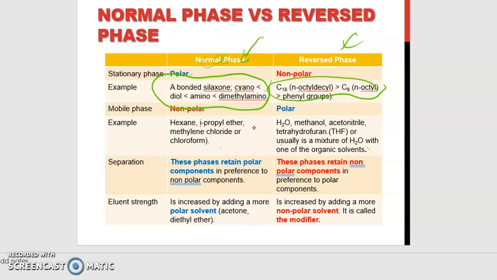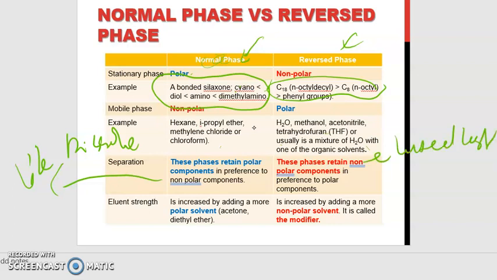Because stationary phase is polar. According to, kena cakap lah, like dissolves like principle. So they stay longer lah, have high affinity. But for reverse phase, these phases retain non-polar components in preference to polar components. So non-polar will be eluted last. This one, polar eluted last.